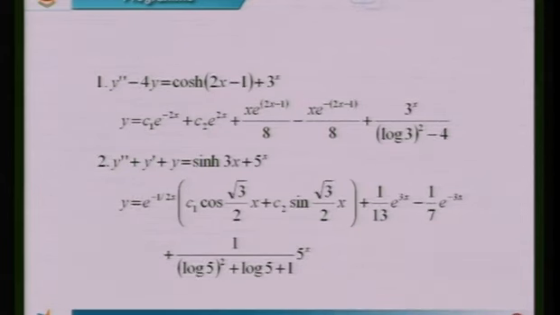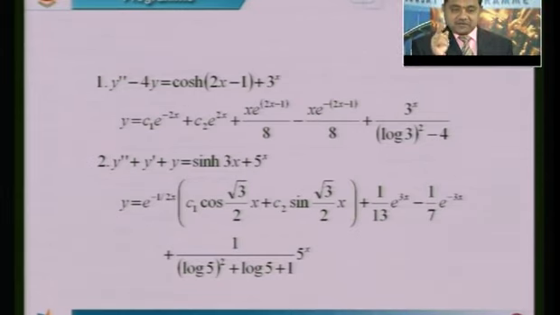One more indirect form is, you may be given cos hyperbolic or sin hyperbolic on the right hand side. So if cos hyperbolic or sin hyperbolic are given, they can be expressed in terms of exponential functions, then we can do it. You can see the first problem, y double dash minus 4y equals cos h of 2x minus 1 plus 3 power x.